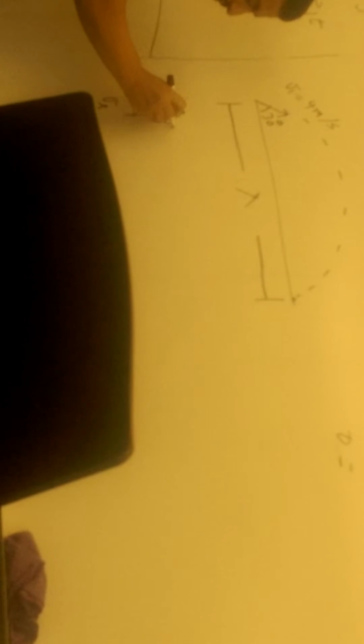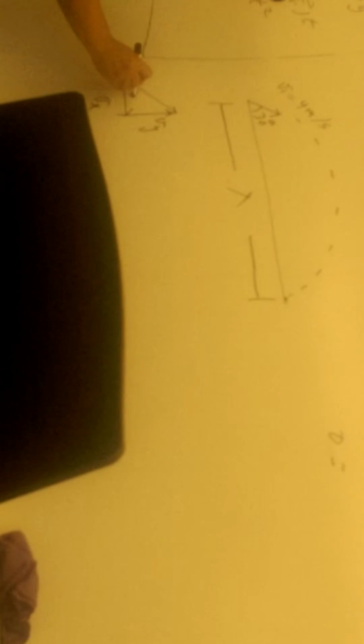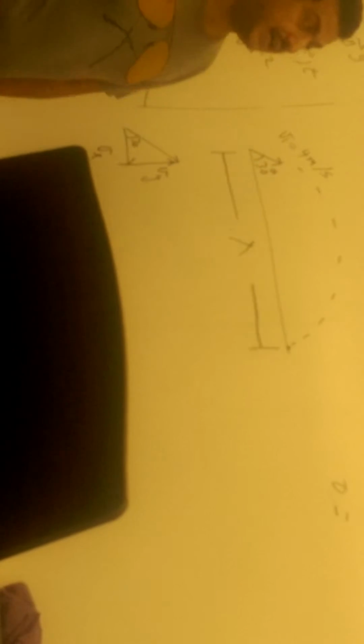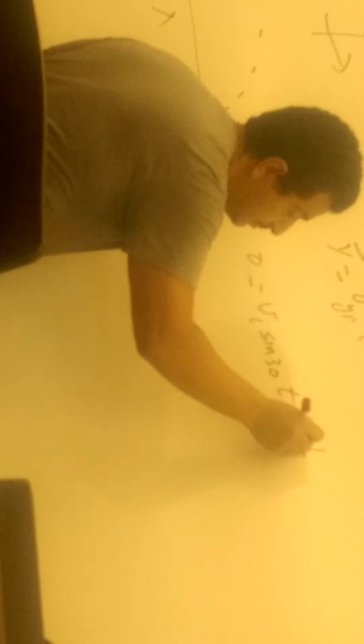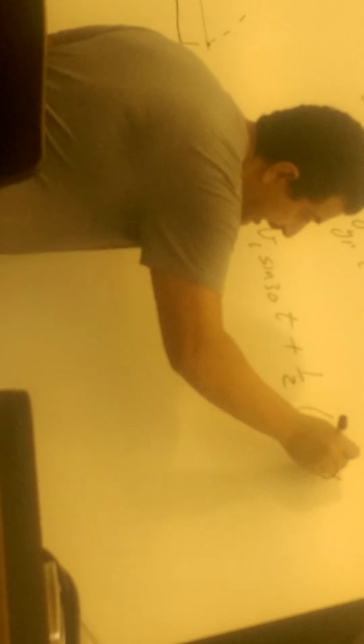So this is V initial like this. It has 2 components, Vx and Vy. This angle is 30. Vy is opposite to it, which reminds me of sine. So I'm going to write this is V initial sine 30 t plus 1/2 9.8.